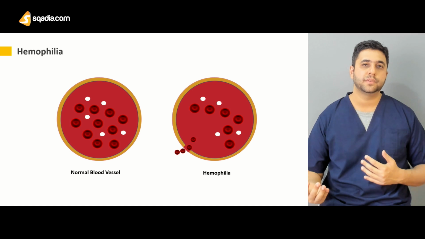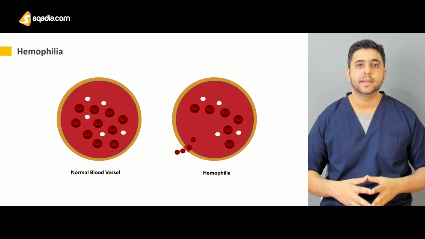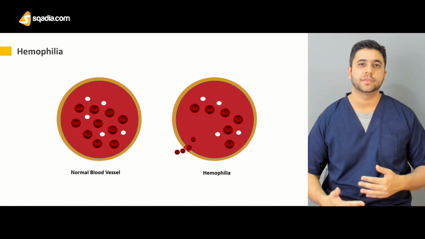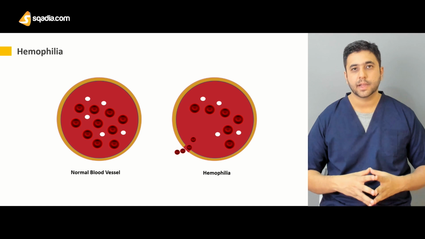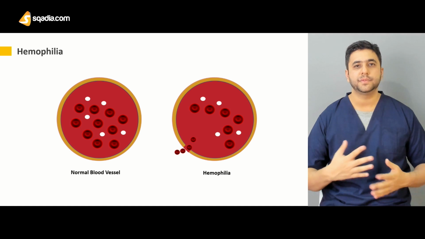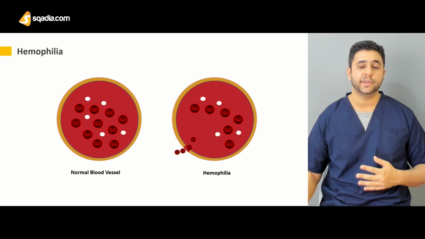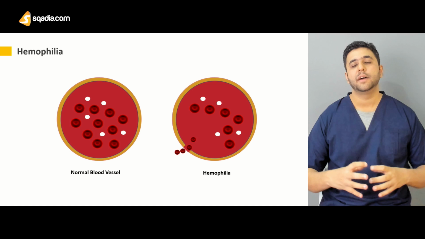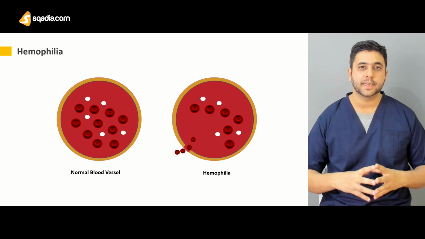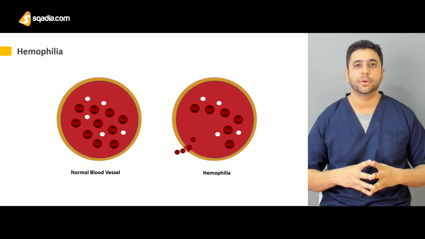And the extrinsic pathway is stimulated by the extracellular matrix, which is outside of the blood vessels. Both these pathways lead to activation of the coagulation cascade, and after a lot of steps which we will detail when studying the pathogenesis of hemophilia, the platelet plug is reinforced by fibrin thrombin formation.